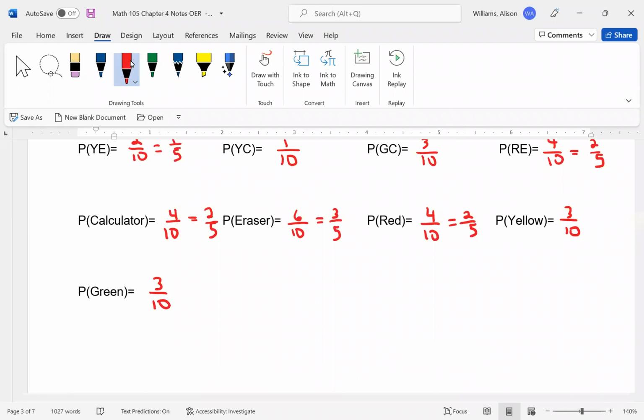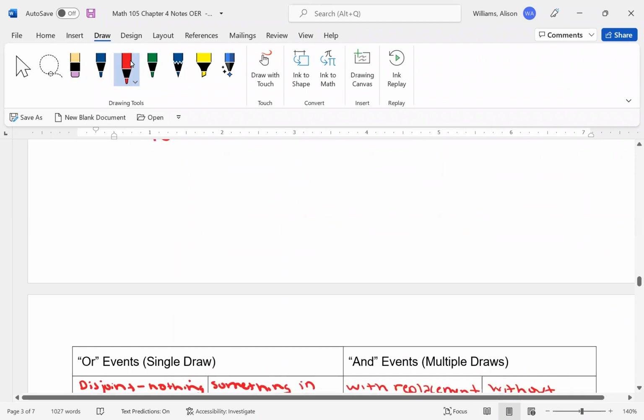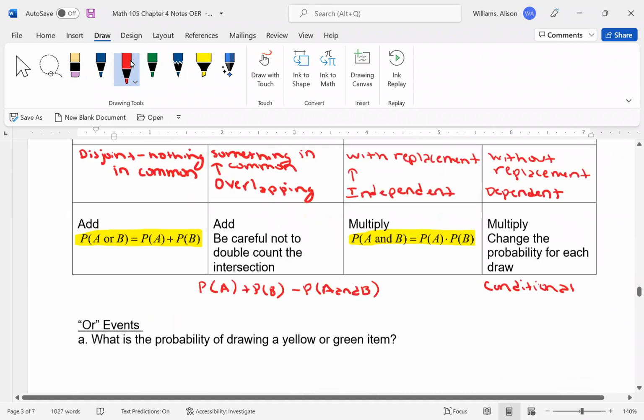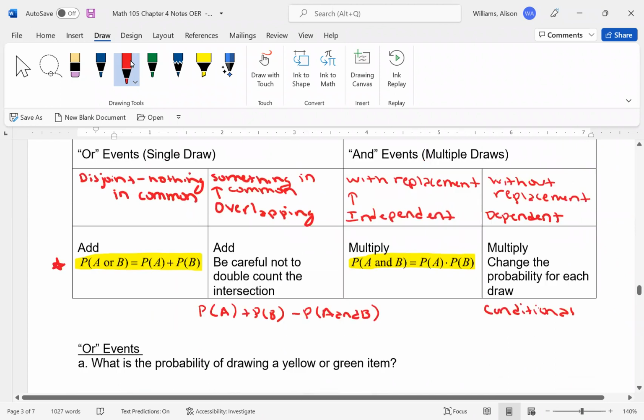So we're going to find the probability of red plus the probability of being an eraser, and then subtract the probability of being a red eraser. So probability of red is 4 out of 10. Eraser was 6 out of 10. And then 4 red erasers. And when I do the math, that's going to be 6 out of 10 or 3/5.